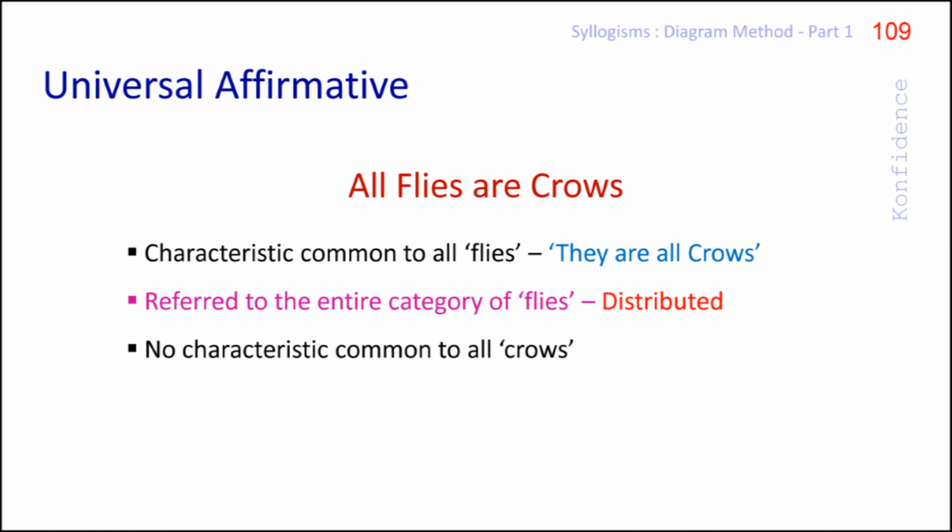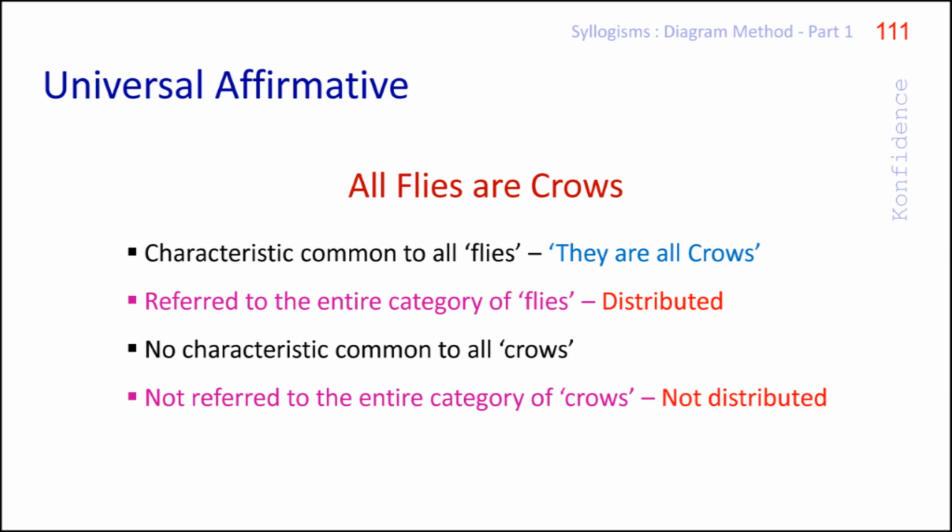No. We know that some of them are flies, but we do not know about the others. So we have not referred to the entire category of crows, and so the term crows is not distributed. Use this approach just as a mental prop and do not extrapolate it beyond what is mentioned.